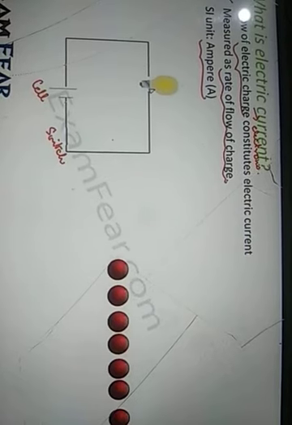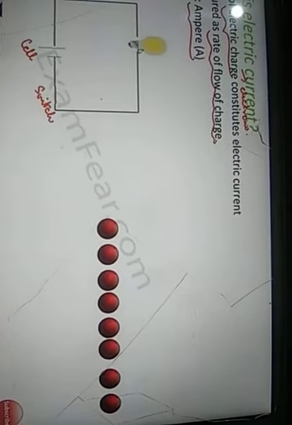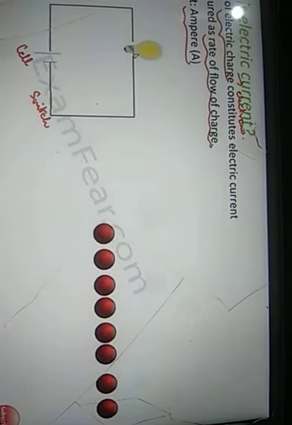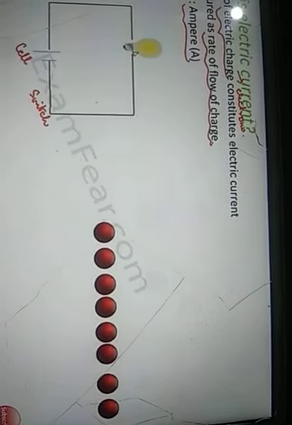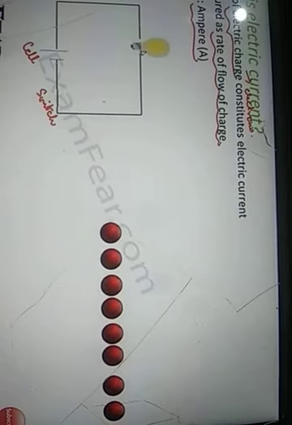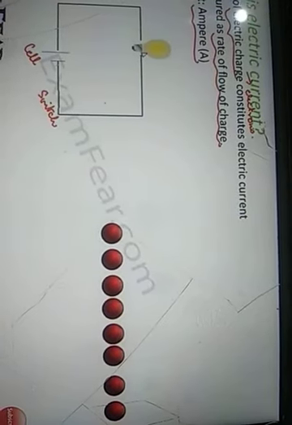Now let us try to understand this concept of charges flowing from one place to another by considering a simple scenario. Let us say these charges, which are actually electrons, are balls, because they are particles which are extremely tiny, so they cannot be seen. They can only be seen by a powerful electron microscope. So let's say these are the balls and these are nothing but the electrons.